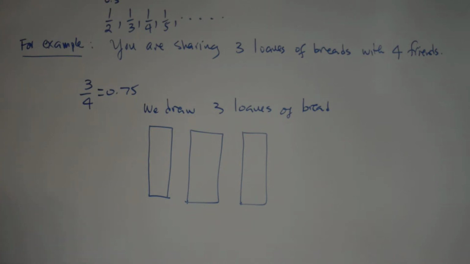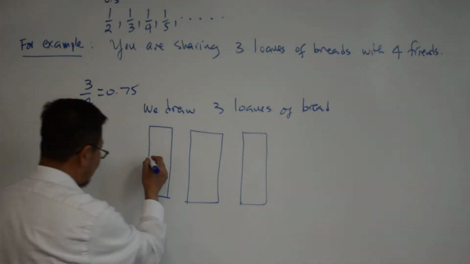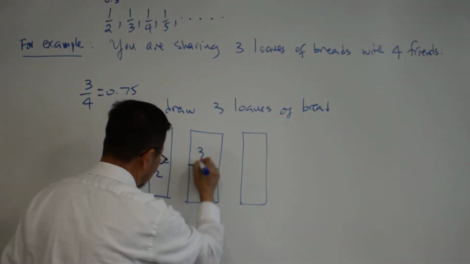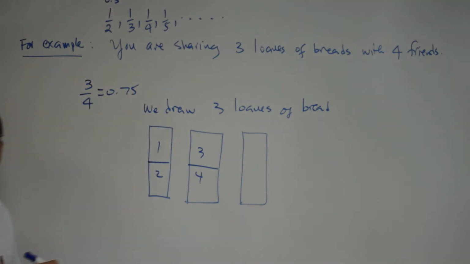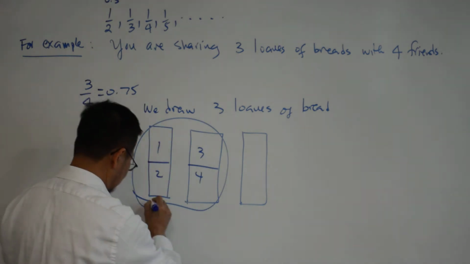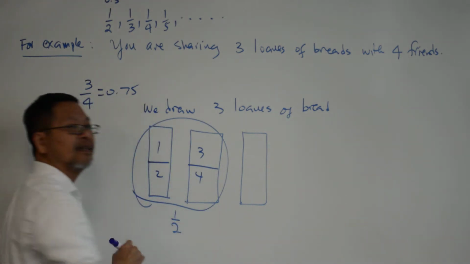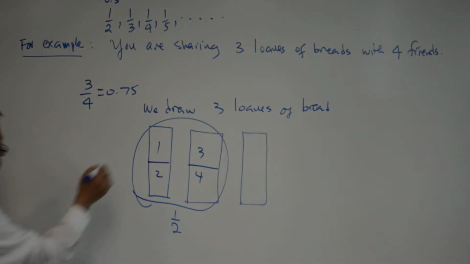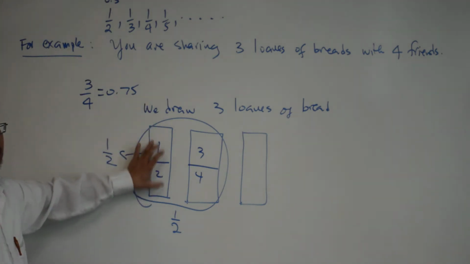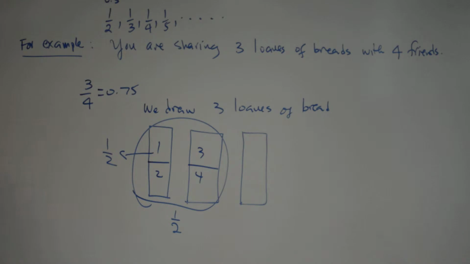Can everyone get a half for the first one? So I can divide it in half. 1, 2, right? 1, 2, 3, 4. So here, everyone gets a half. So this is 1/2, right? That's your fraction, okay? 2 parts here, that's 1/2.